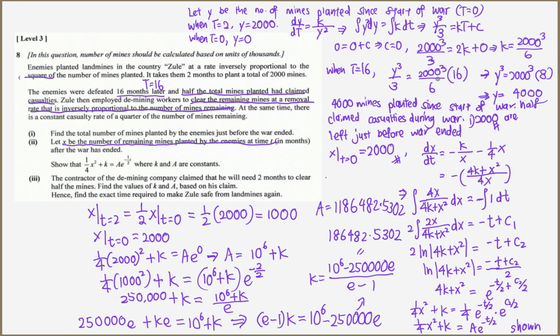I multiply 3 on both sides, so 6 becomes 2, and 16 divided by 2 becomes 8. 8 is just 2 cubed. So when I cube root both sides, y becomes 2,000 times 2, which equals 4,000. So 4,000 should be the answer to part 1, because that is the total number of mines planted by the enemies just before the war ended.